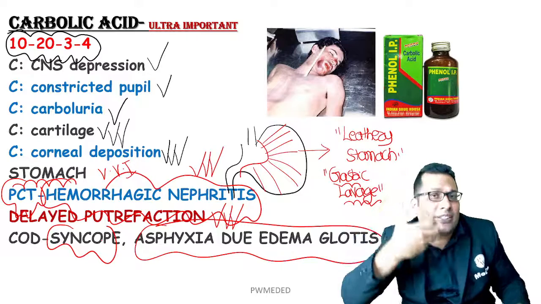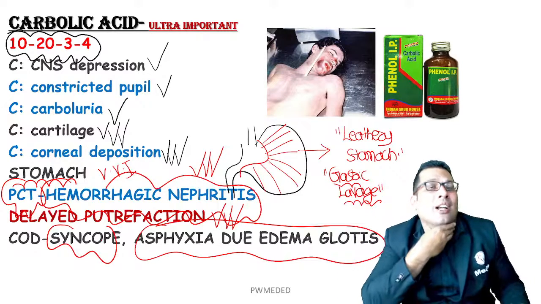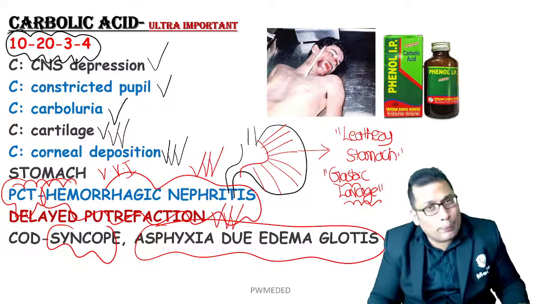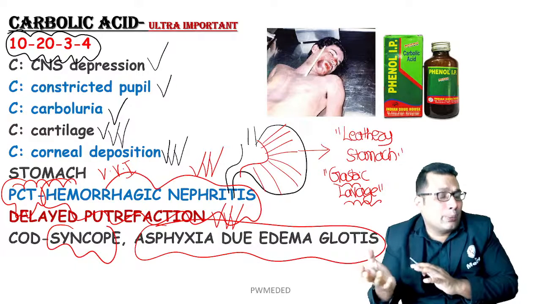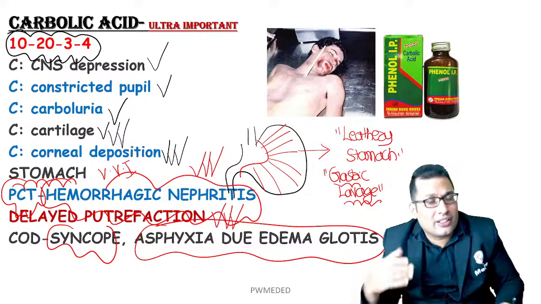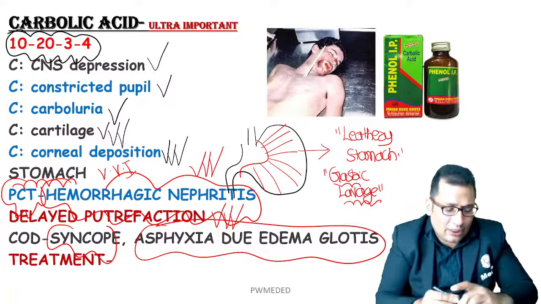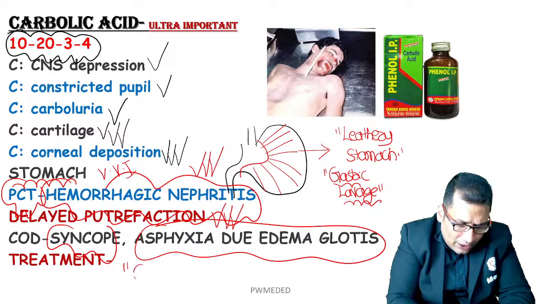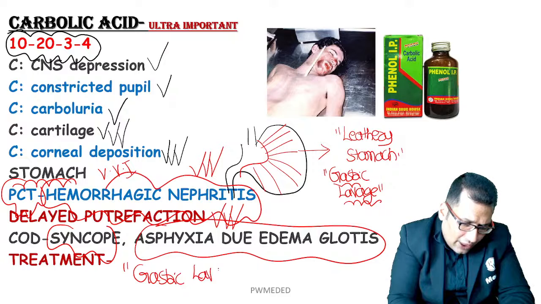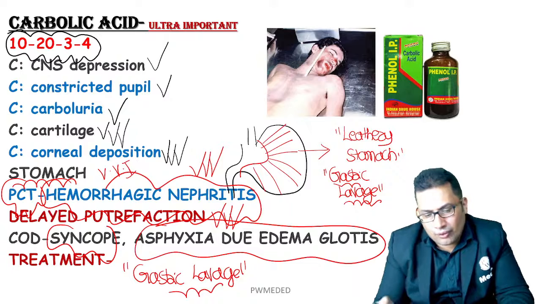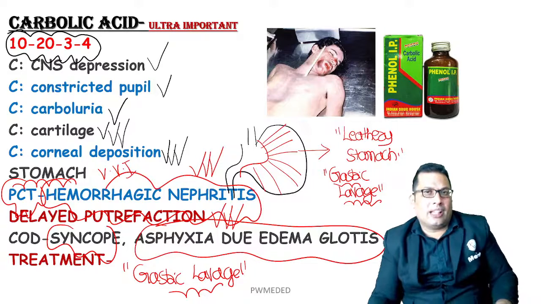When carbolic acid is consumed, it leads to edema of the glottis, leading to asphyxia and death, or sometimes syncope and death, or other complications like septicemia, or systemic complications. Treatment: the immediate treatment should be gastric lavage. Gastric lavage can be done in this poisoning. All these are very commonly asked.